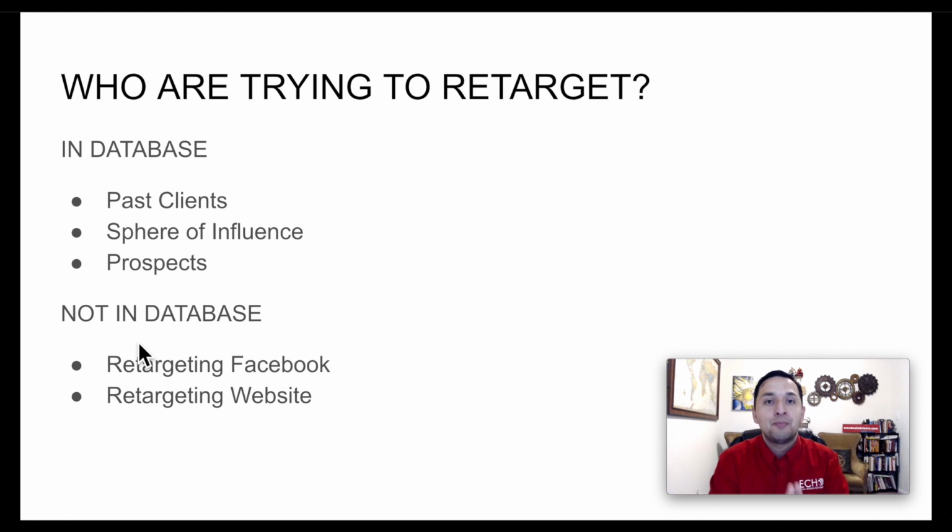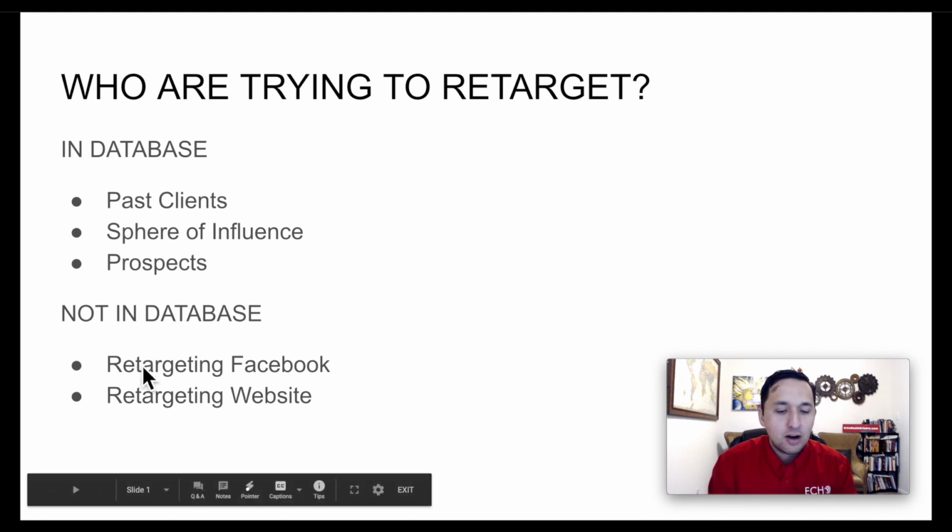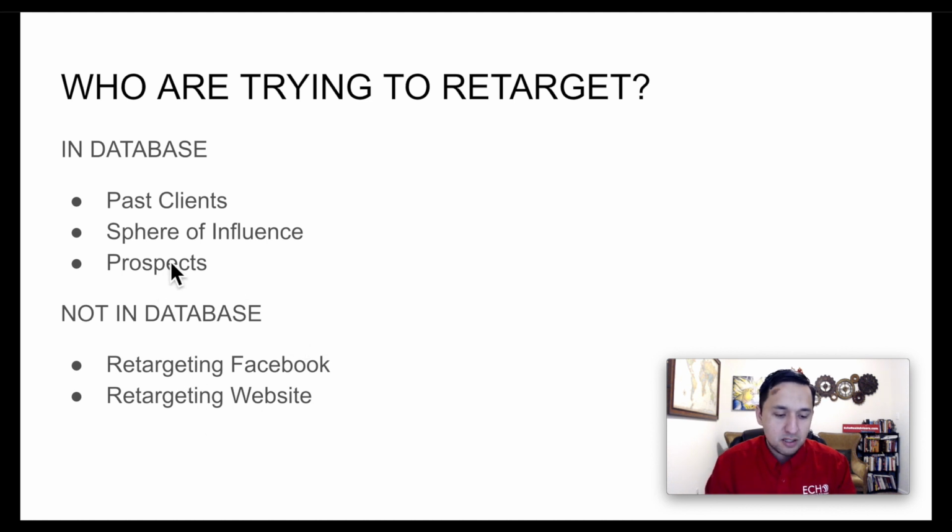These were people that either engaged with your Facebook in some capacity, whether that was a video, a lead form, liking your page or something related to that, or they went over to your website based off of an ad or a post, but they didn't necessarily give you their contact information. So these are the people that are not in our database, and we'll be able to retarget those so they can at least come up to the prospects. Ideally, we'd want them to be past clients of ours, which means they either bought or sold with us. So that's what that's about.